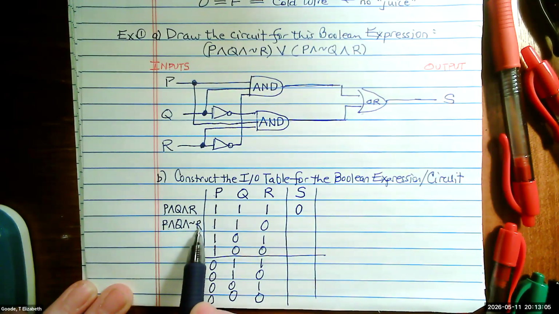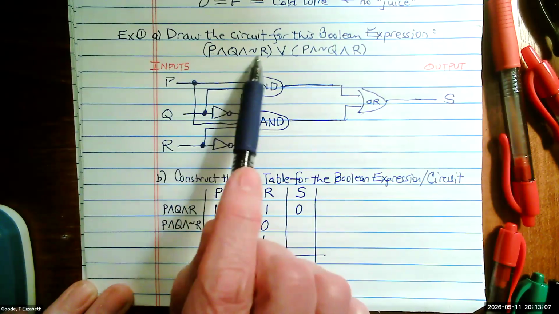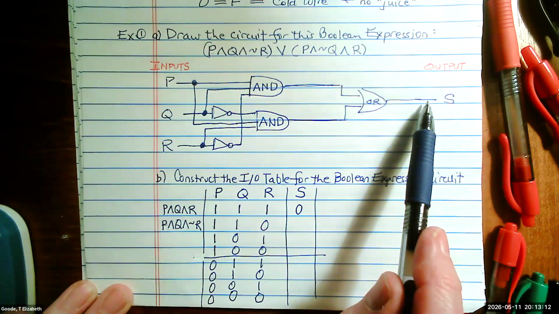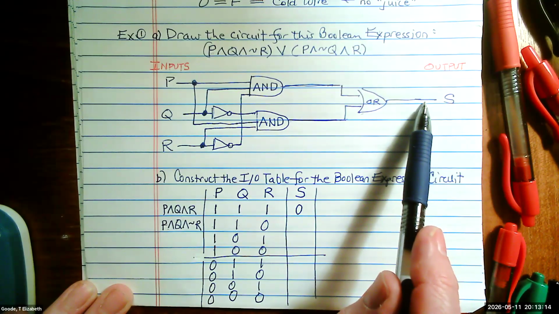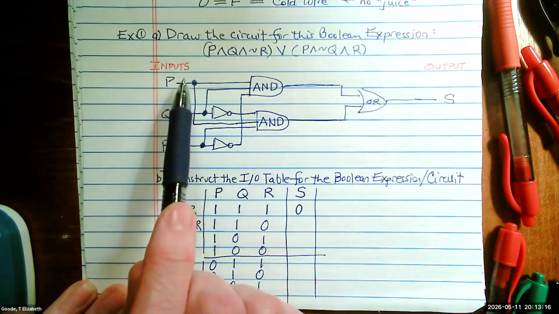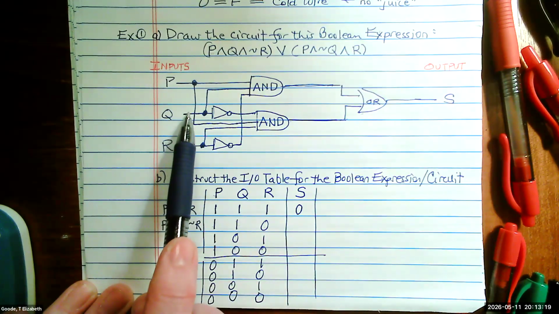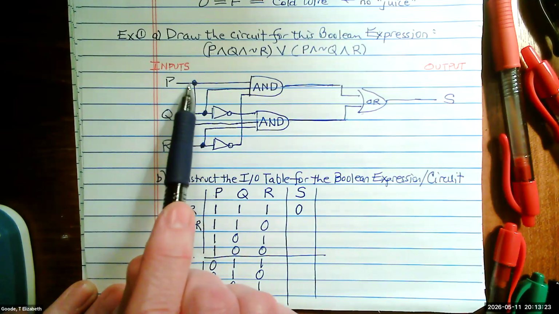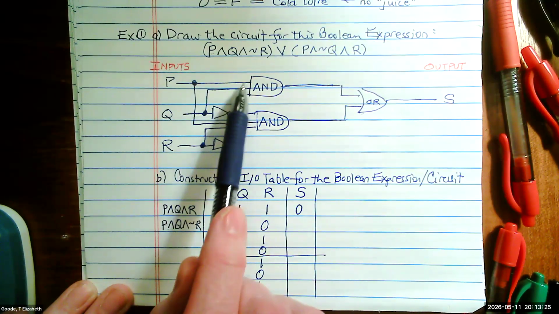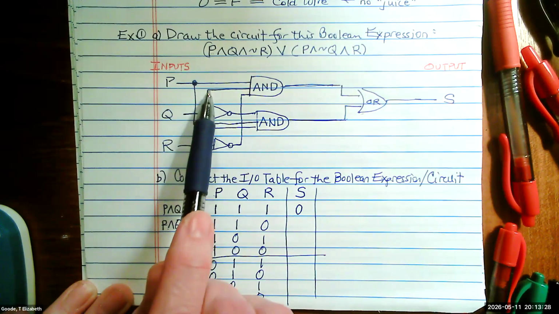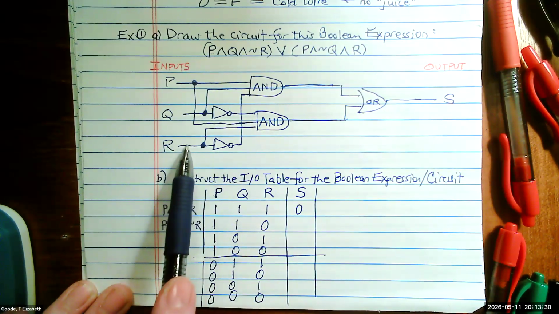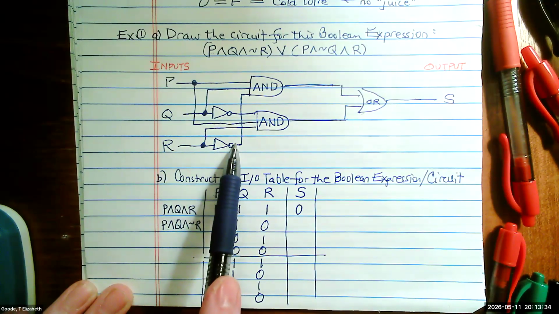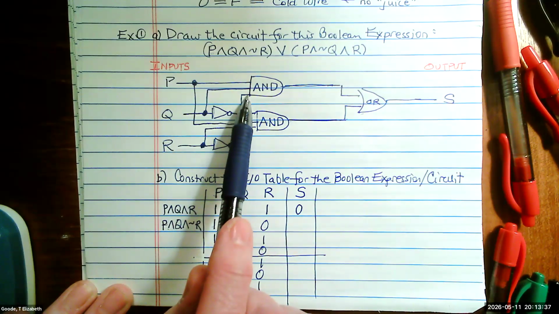Well, P and Q and not R, that's one of the expressions that this circuit is going to yield hot output for, right? Because if P is 1 and Q is 1 and R is 0, the 1 is coming into this AND gate. The Q is a 1, that's coming in. The R is a 0, but when the 0 goes through the NOT gate, it flips it to a 1. So this wire coming in is a 1.